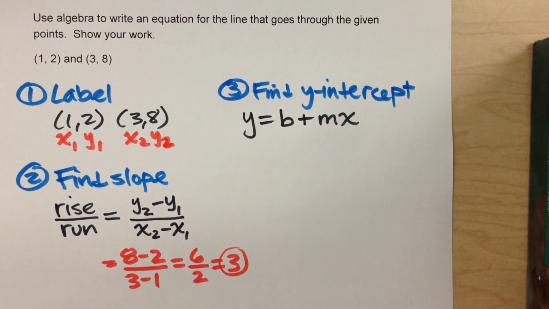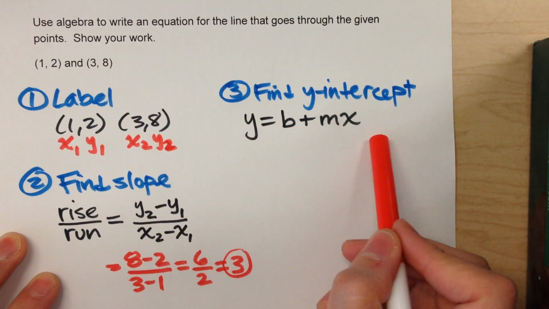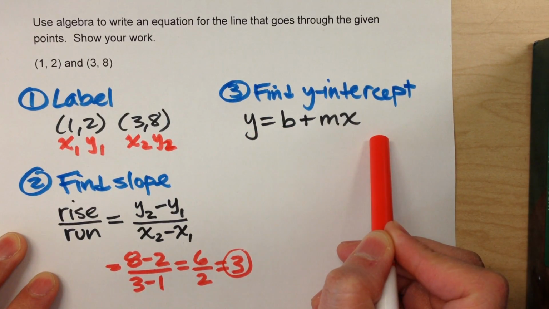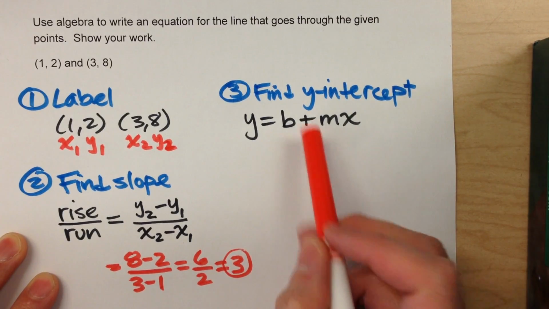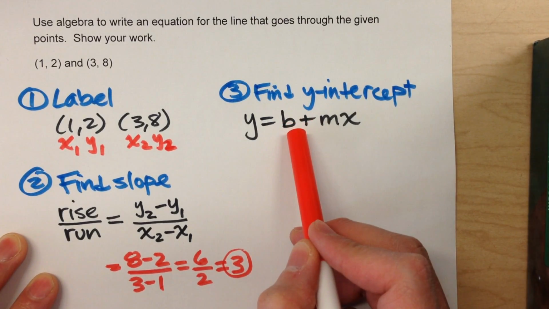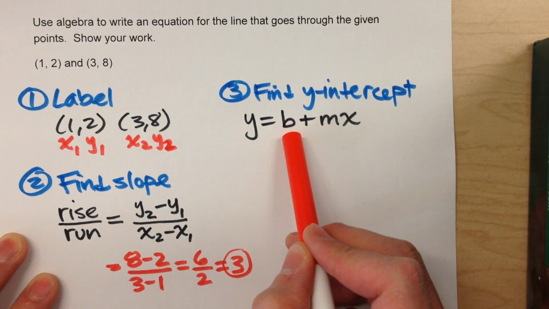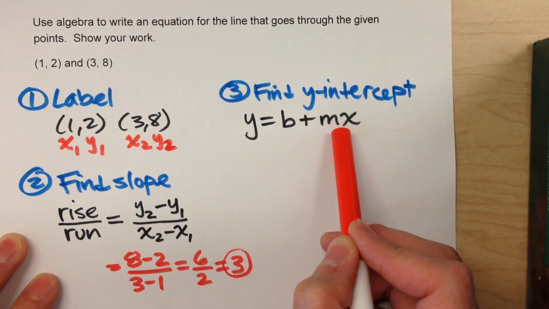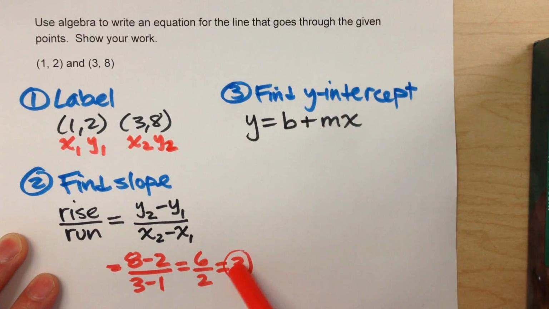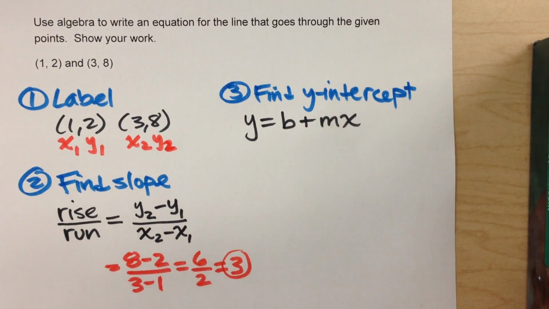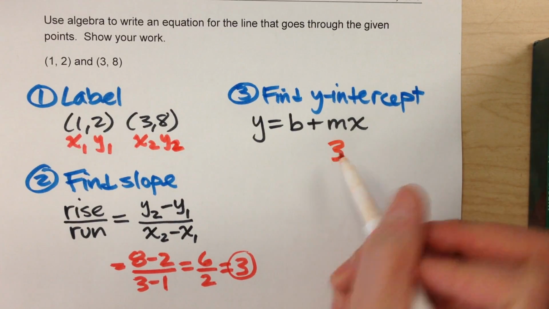Since we know several of these values, we can plug them in and figure out our y-intercept. Don't forget the b in your y equals b plus mx, that's your y-intercept. The m is the slope. And in this case, we know the slope. The slope is 3. I'm going to write that right here.